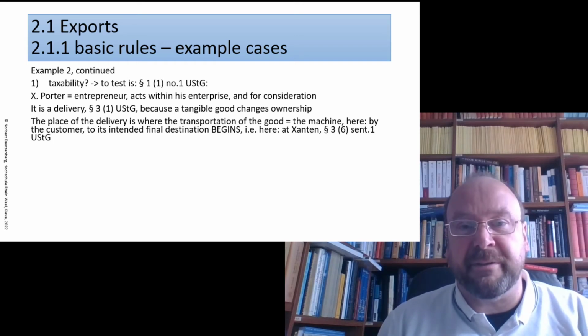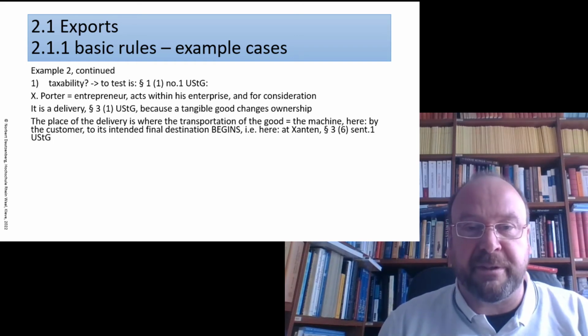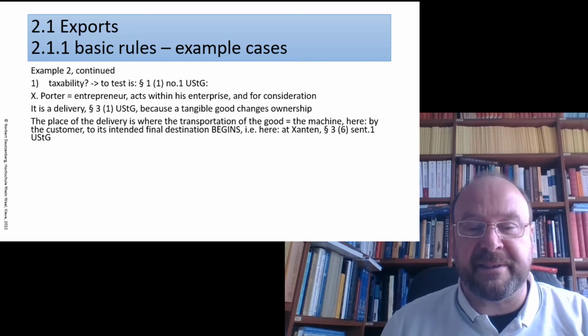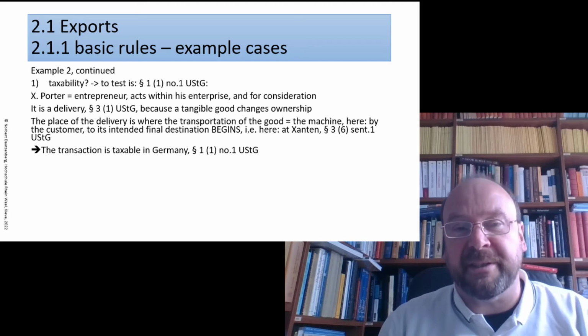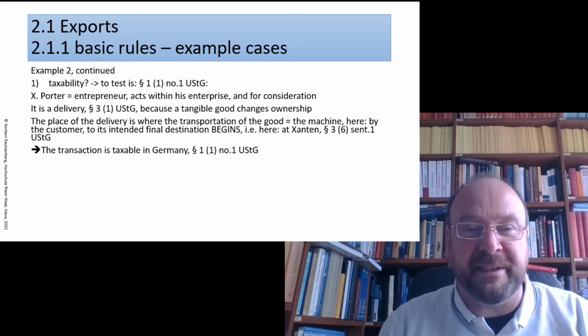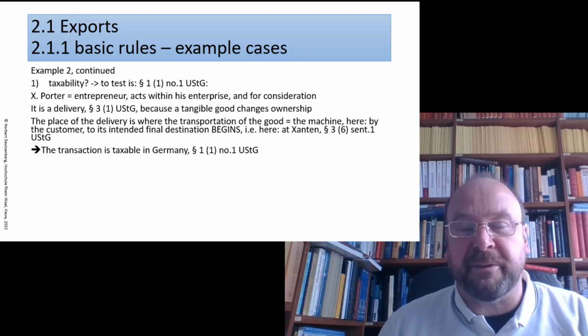The place of delivery is again where the transport of the good towards the customer began under 3.6 sentence 1. That's Xanten, that's still in the VAT inland of Germany because it's neither Heligoland nor Büsingen, nor is it somewhere between the border line on the sea and the beach. So the whole thing is taxable in Germany under 1.1 number 1.